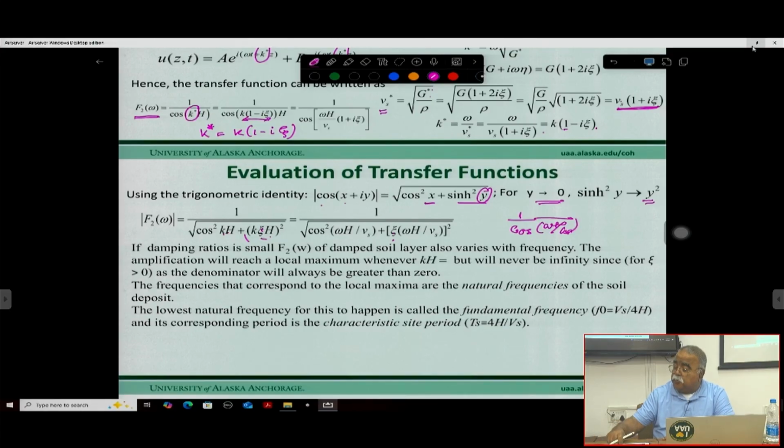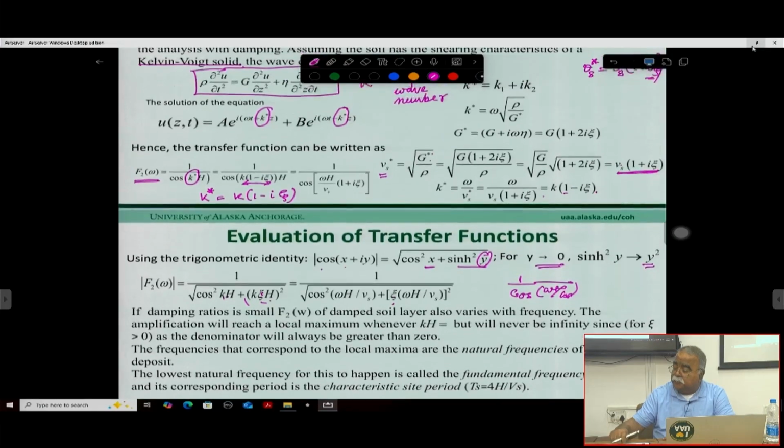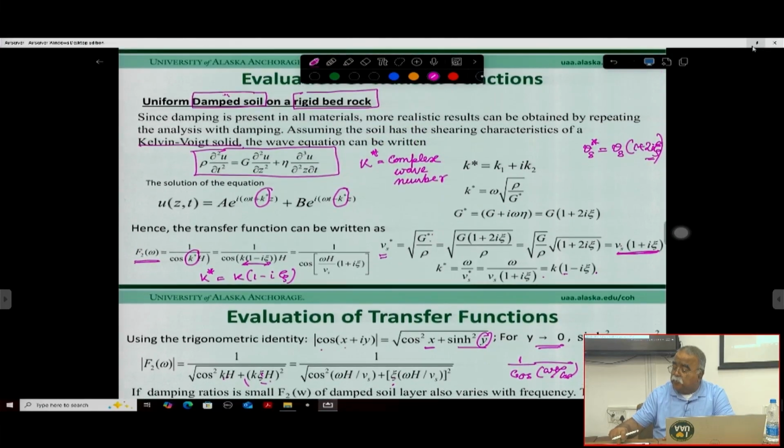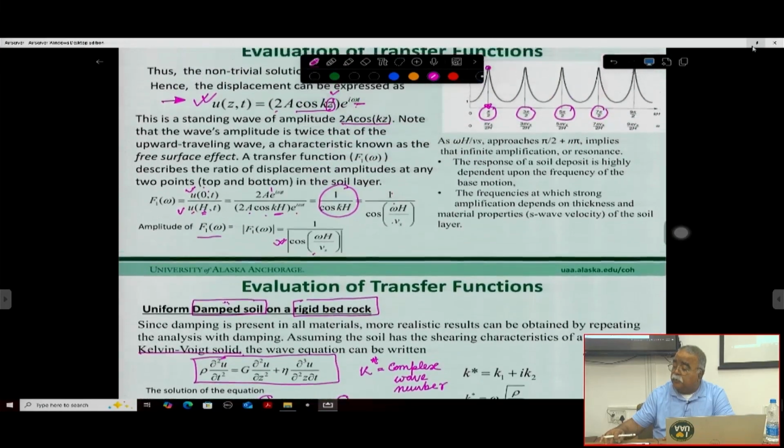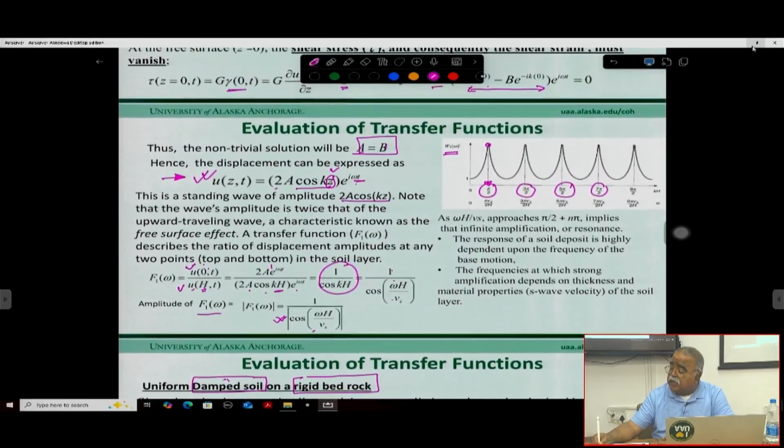In your previous plot, you have seen that these values go to infinity, right? Because cos kh will be 0, so 1 by 0 becomes infinity.